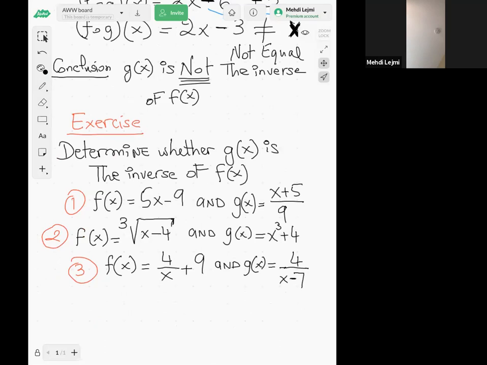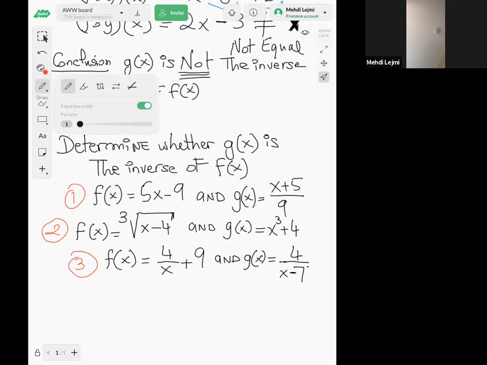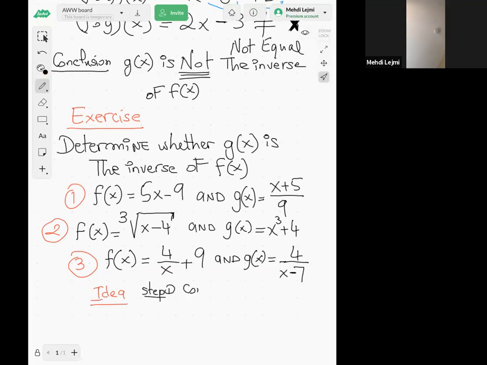Again, you have 2 steps. In step 1, you have to compute f composed with g of x, and in step 2, you have to compute g composed with f of x.